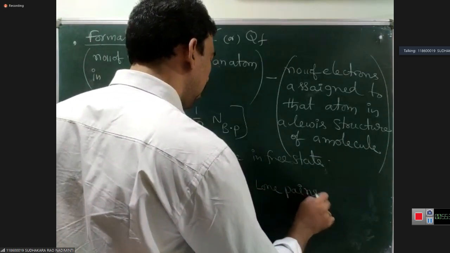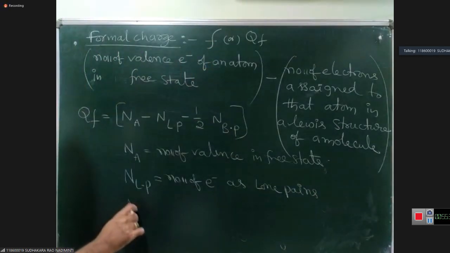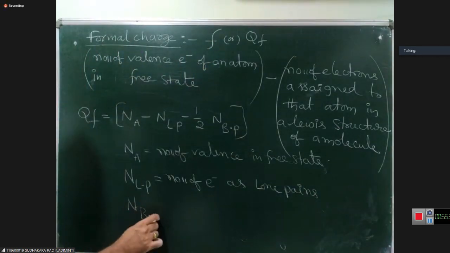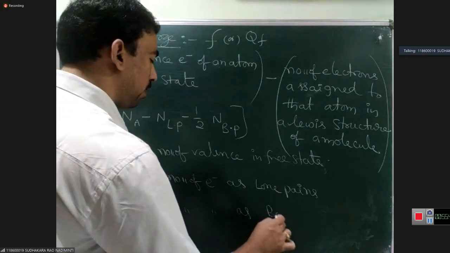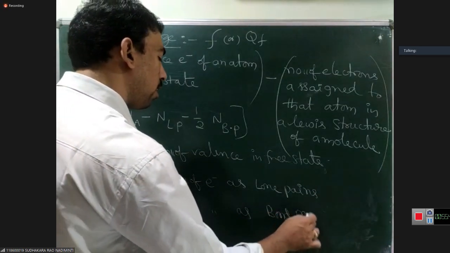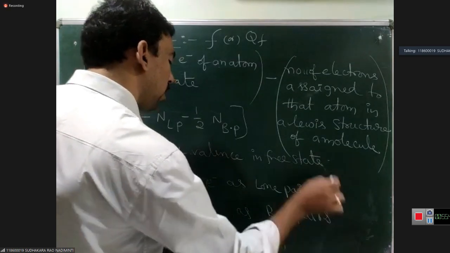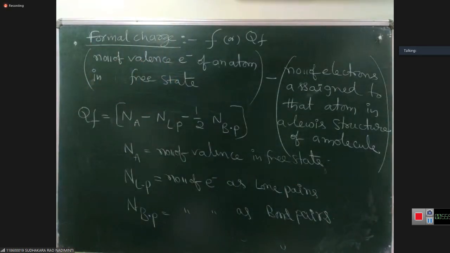N bond pairs is the number of electrons as bond pairs. So write this, I will explain now.